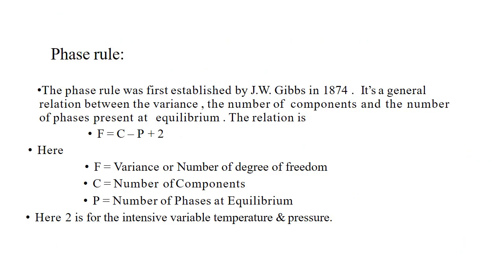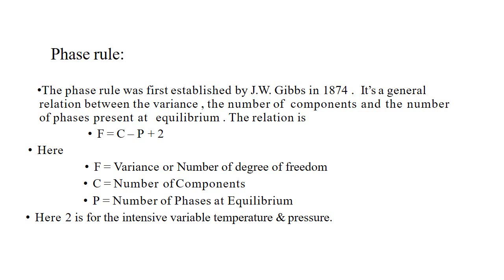Phase rule. Phase rule was first established by J.W. Gibbs in 1874. It's a general relationship between the variance, the components and the phases present at equilibrium.